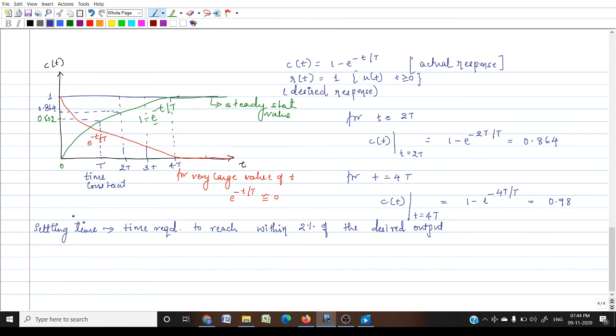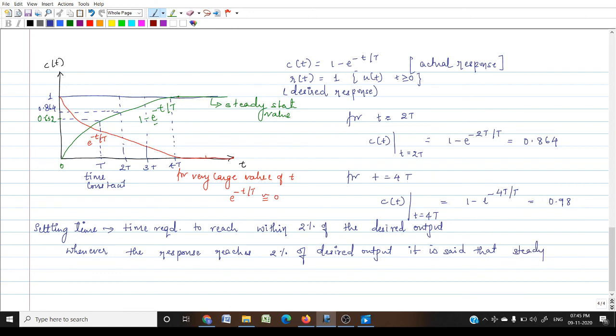Normally, whenever the response reaches within 2% of the desired output, we say that we have attained steady state, or it is said that the steady state has reached.